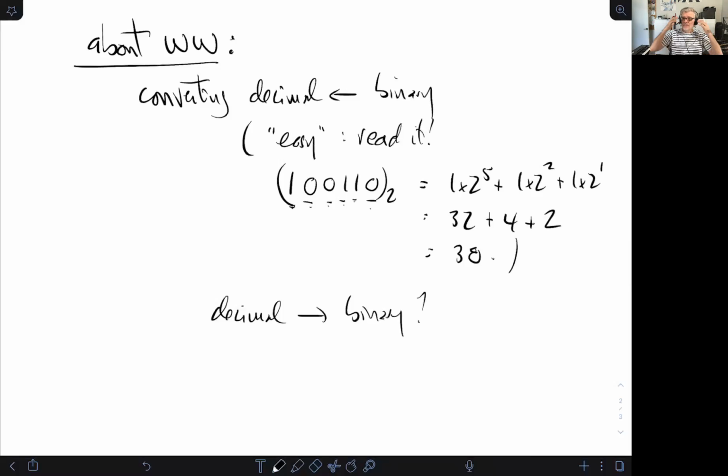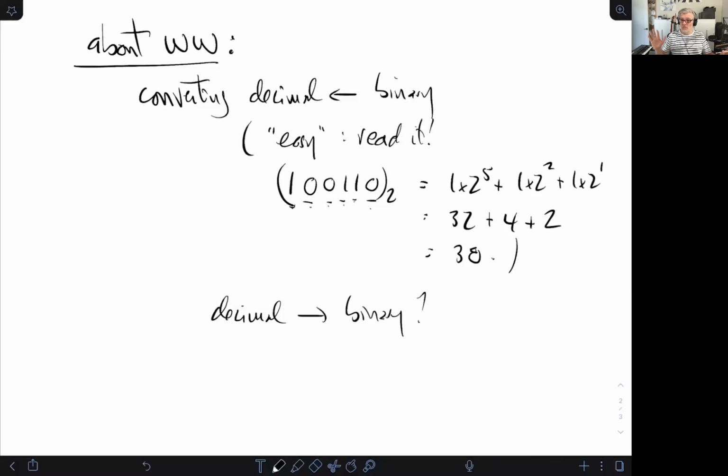I actually didn't notice them. If you want to go from decimal to binary, it's a bit trickier. You have to do successive divisions by 2. I'm not sure I want to talk about that. So sorry that you saw those in the WebWorks, but of course you could do it with a Google calculator. But for now, let's skip that.